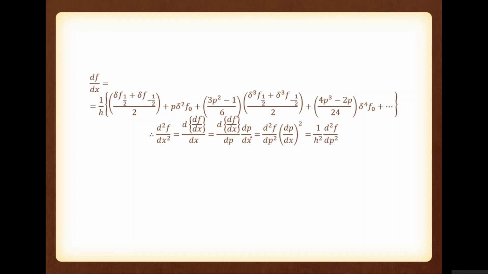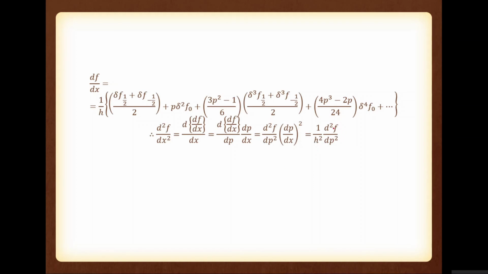So we can write it as d square f by dp square into dp by dx all square. So dp by dx is 1 by h, so dp by dx all square is 1 by h square into d square f by dp square. We already have this derivation.